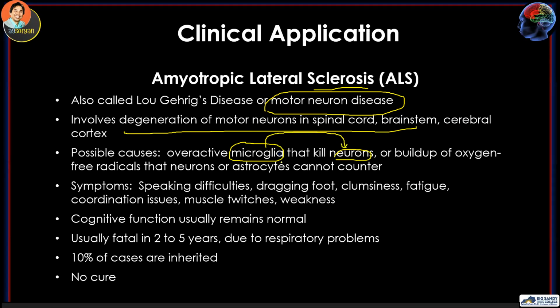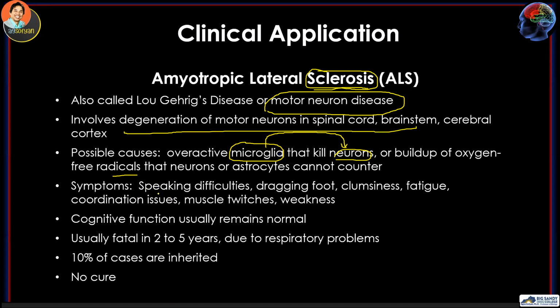So this microglia is overactive. This is hypersensitivity of microglia that kill the neurons, or a buildup of oxygen free radicals that neurons or astrocytes cannot counter. This may be the reason why there is sclerosis or damage in the area due to this process.